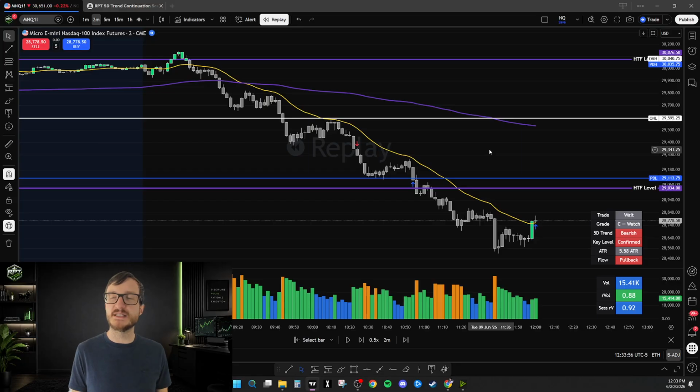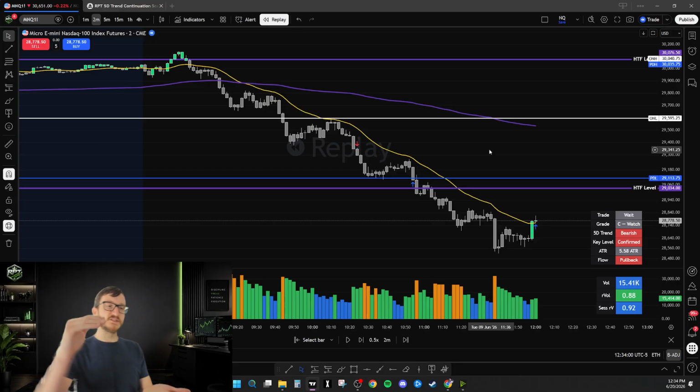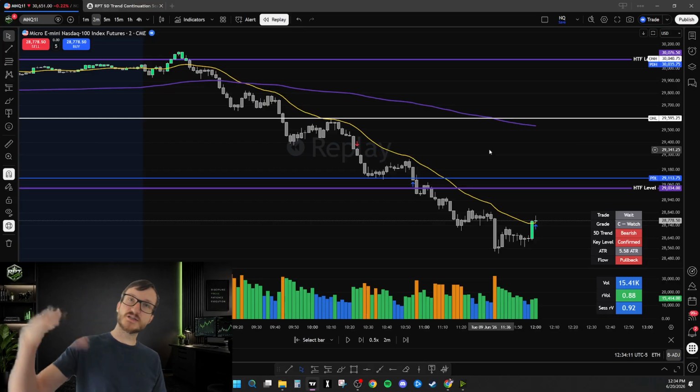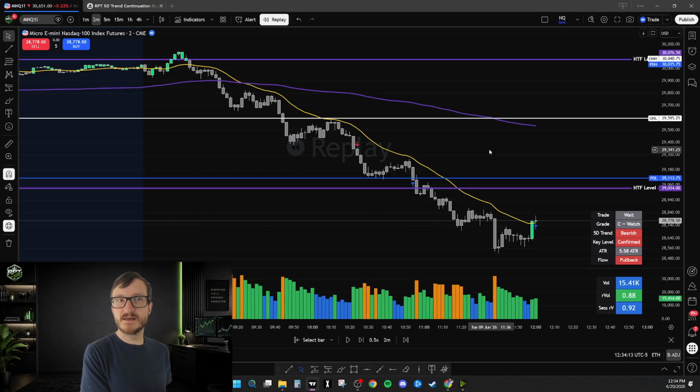So helpful to keep you aligned with the trend. How do we define the trend? We zoom out, we look at the higher time frame. When we zoom in, we use our table on my custom indicator to help identify the trend real time as it gets adjusted through the trading session, right? To keep us on the right side of the trade.